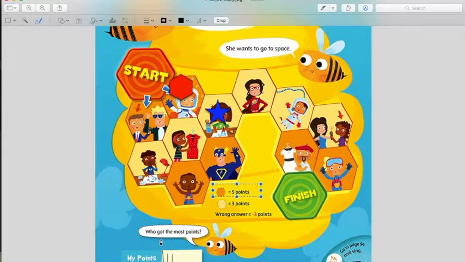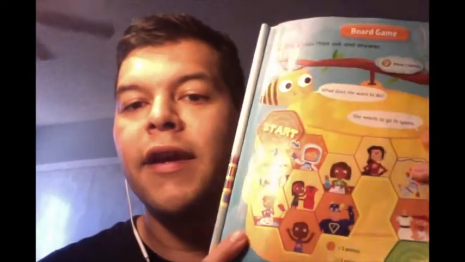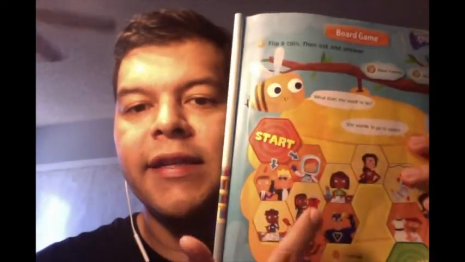So if they got it correct, then your friend, on their book, would put 5. So are you using your own book? 1, 2, 3, 4, and 5. So it depends which one you land on. If you get the dark colored circles, such as these, they are worth 5 points.